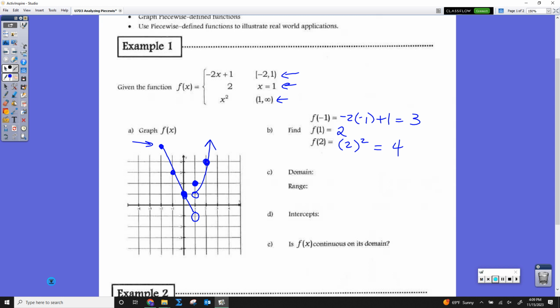All right, the domain for our function. I know it is in pieces, but we can notice that it's actually pretty nice. You can see negative 2, all the way to negative 1, all the way to 0.